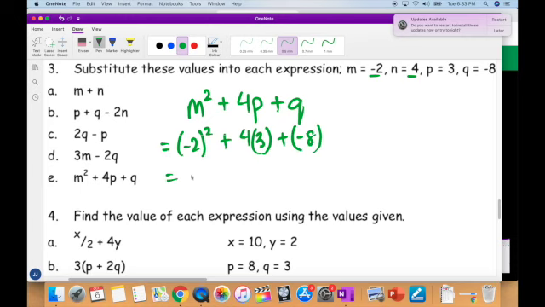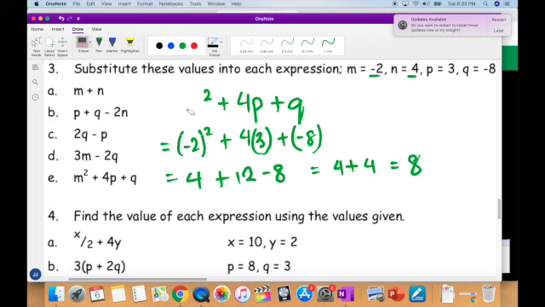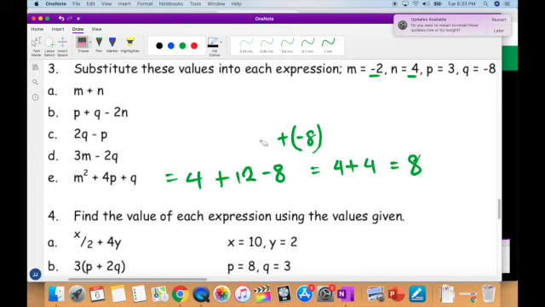This is what? 2 2s are 4 plus 4 3s are 12 minus 8, which is 4 plus 12 minus 8 is 8. That's what you got? Scotia? Oh, yeah. You got that, right?